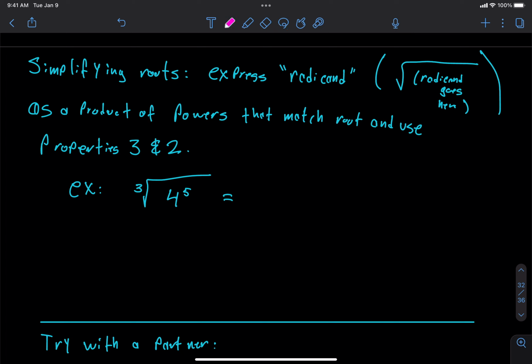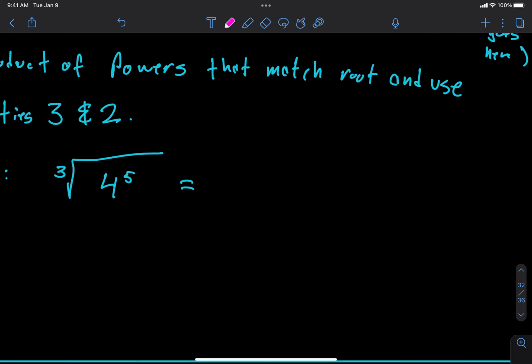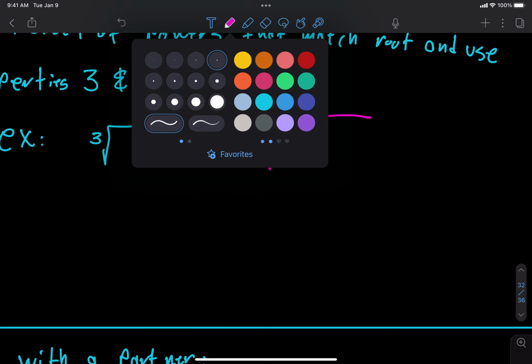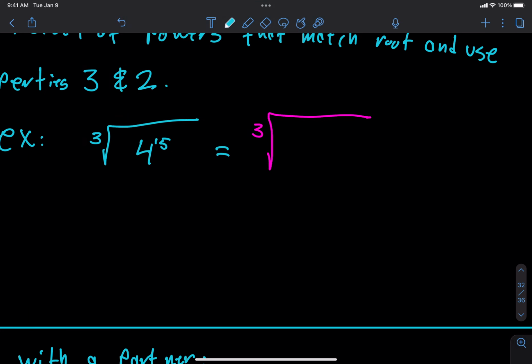Well, if I wanted to do the cube root of 4 to the 5th power, what I want to do is rewrite 4 to the 5th. In fact, why don't we make it even harder? We'll do 4 to the 16th power.